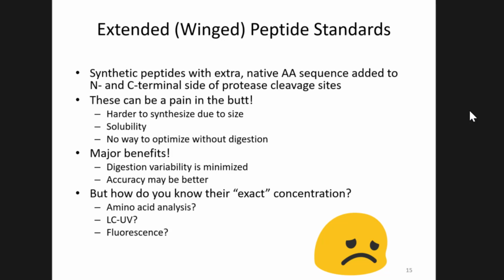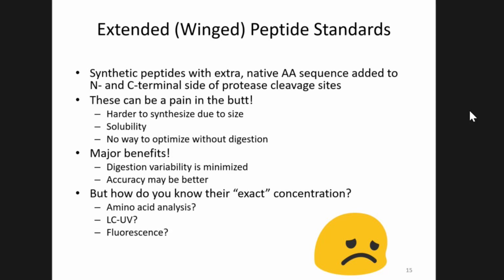And we're like, hey, let's see if we have these winged peptides with the additional amino acids synthesized in super heavy form, so extra heavy amino acids, if we can look at digestion of the light, digestion of the winged peptide, and compare it to this fully synthetic tryptic standard. So the idea here is the digestion variability may be minimized, and that would result in better accuracy if you have an exact concentration of the internal standard.